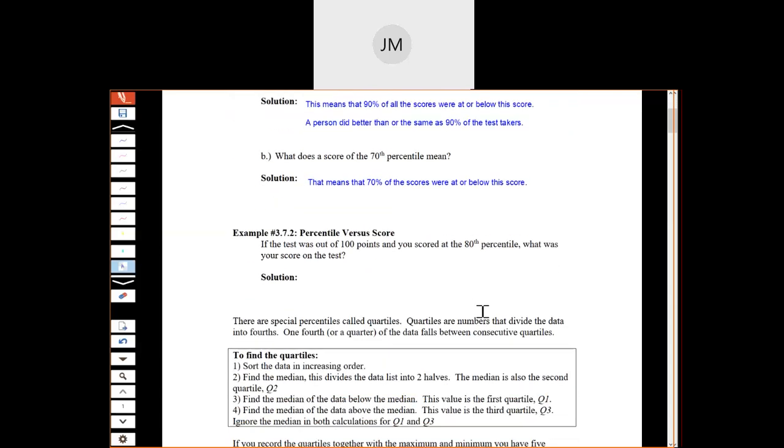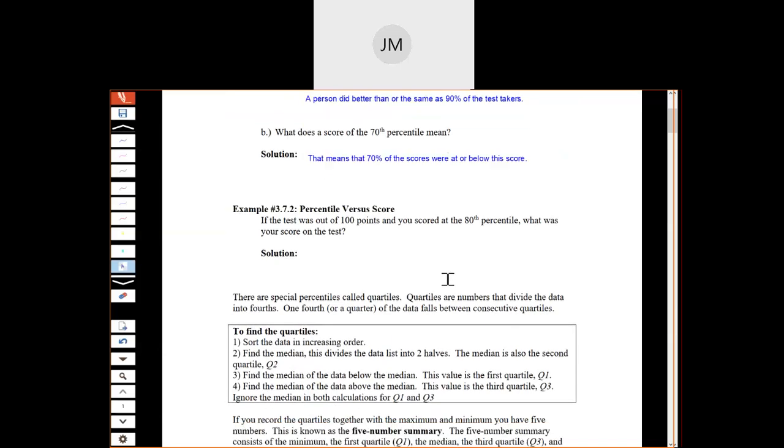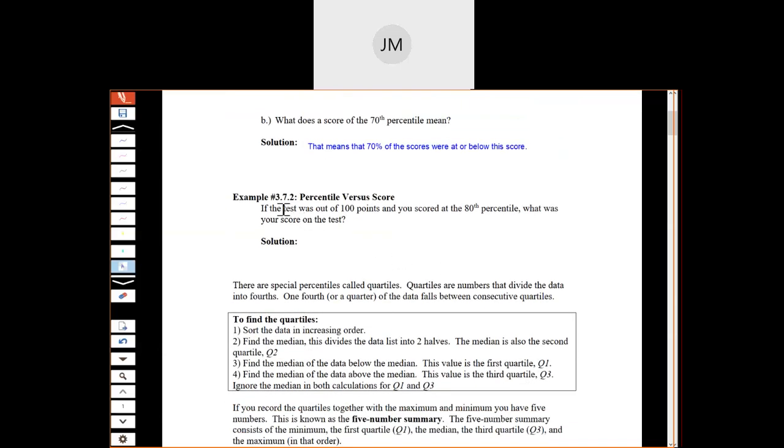So now let's look at how this is useful. In this next example, let's suppose we take a test that's out of 100 points, and we scored in the 80th percentile. What was your score on the test? Okay, there's not enough information to know here. The 80th percentile doesn't mean that you scored 80% on the test.